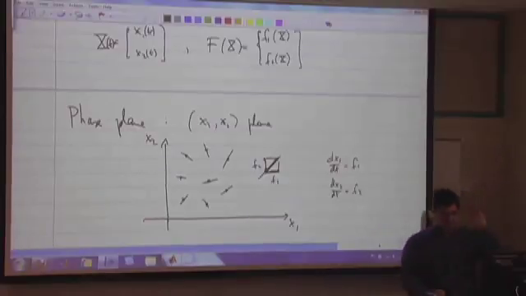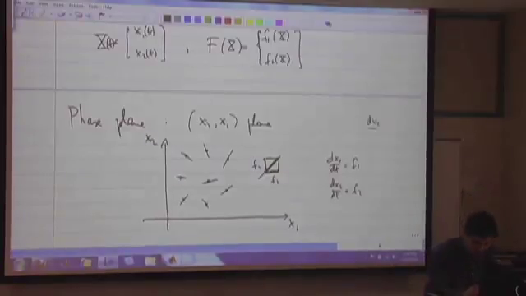So unless one of them is 0, let's say both are not 0, you get that dx2 over dx1 is the ratio of the derivative of x2 with respect to t and the derivative of x1 with respect to t. So that's f2 over f1.